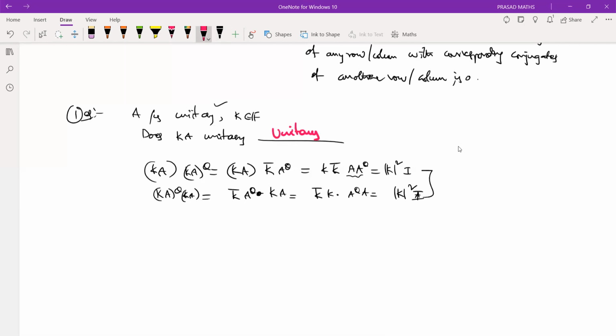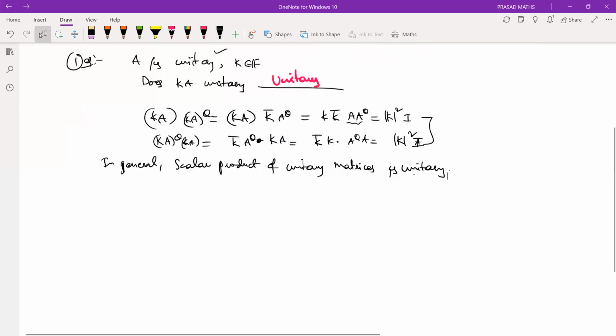That means, in general, scalar product of unitary matrices is unitary. These properties are already told you, very useful when I deal with vector spaces and subspaces.